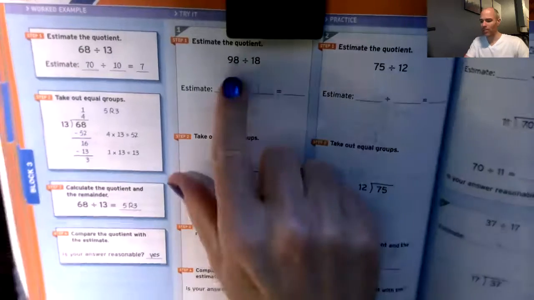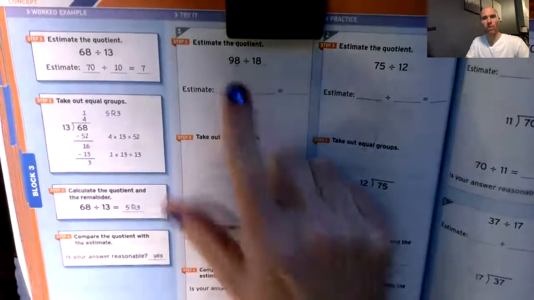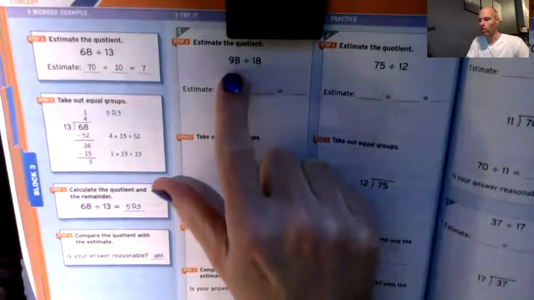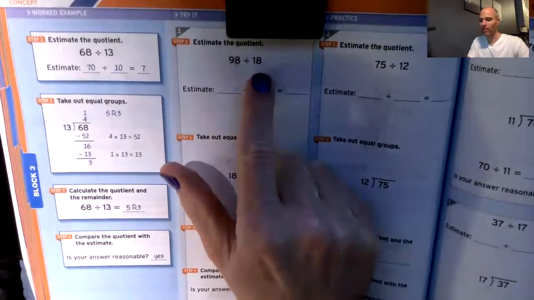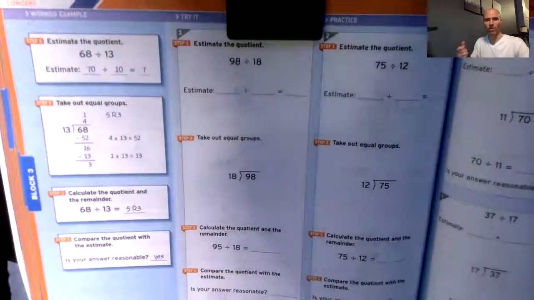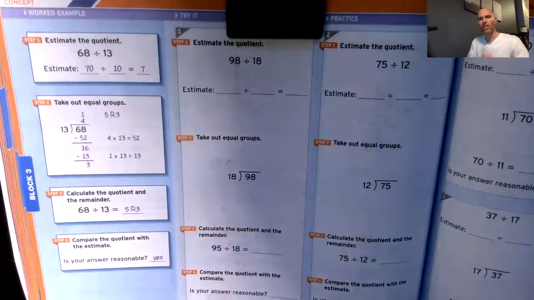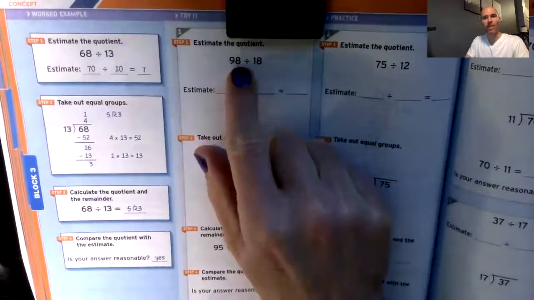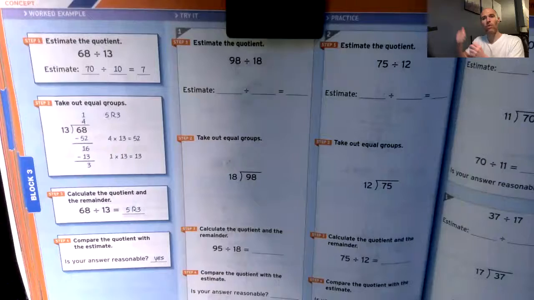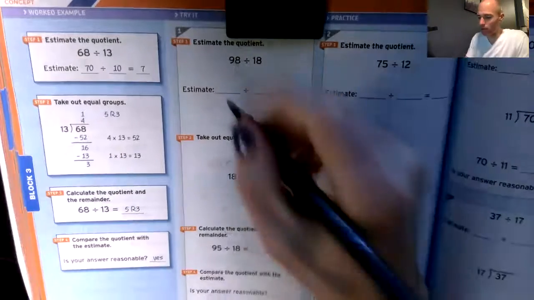So the way we're going to estimate is just by using some rounding. We will always round the dividend, the number being divided, and the divisor, the number that we're doing the dividing with, to the nearest 10. So for example, 98, that 8 is pushing the 90 really close to 100. So let's round this 98 to 100.